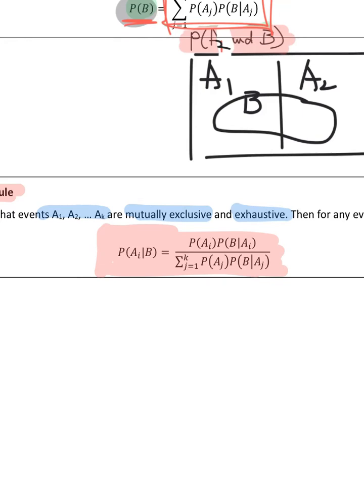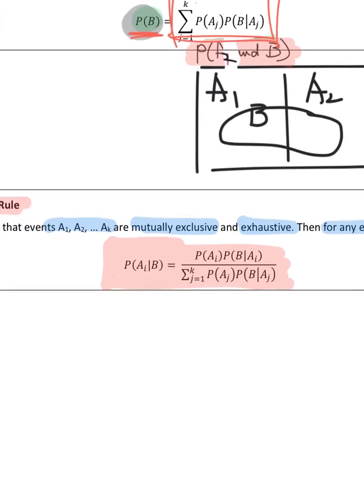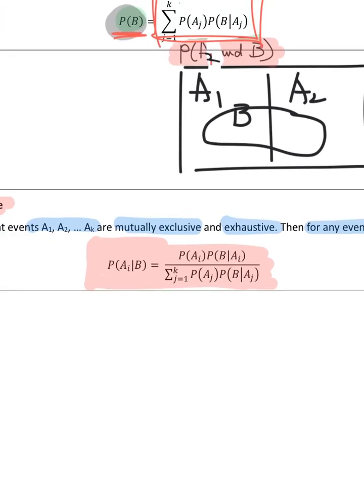The sample space is partitioned by the A's, and we are going to have only one B. Here's one B. So even for Bayes' rule, we are going to use the Venn diagram. Please remember the previous Venn diagram.